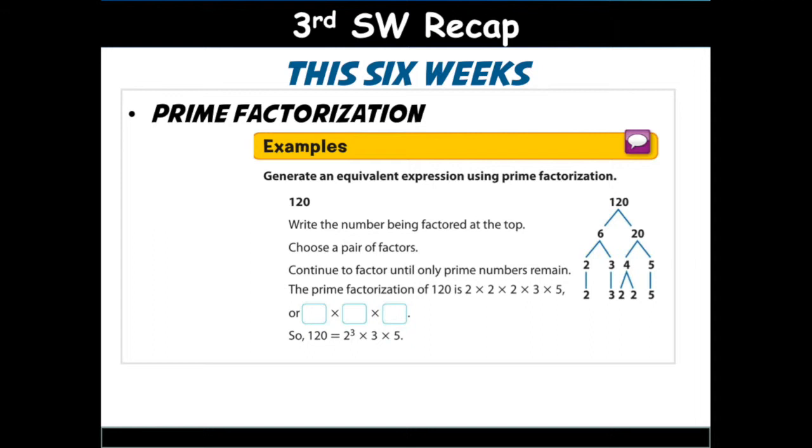We don't want to have ones in there, because then it'll never end, really. You can keep breaking it down as 2 times 1, 2 times 1, 2 times 1. It'll never end. So once you've broken it down to its prime factors, you're done. Just make sure if you have something repeating, give it to me in exponential form. We don't want to see 2 times 2 times 2. It'll look a lot nicer as 2 to the 3rd power.